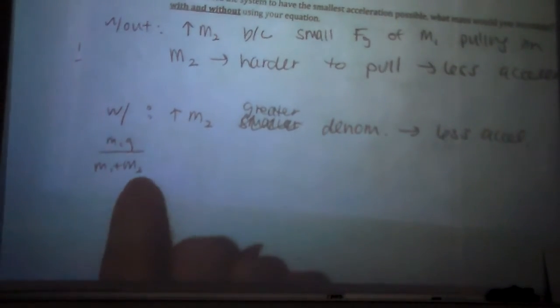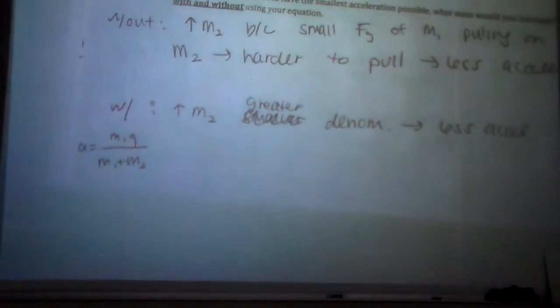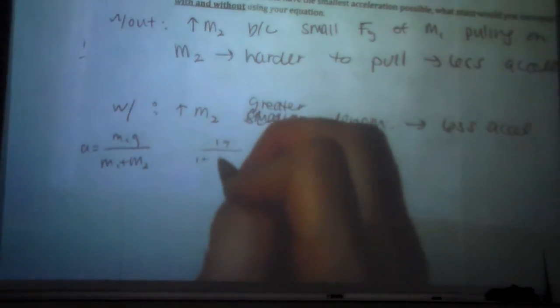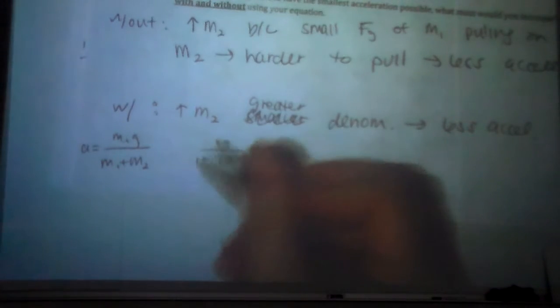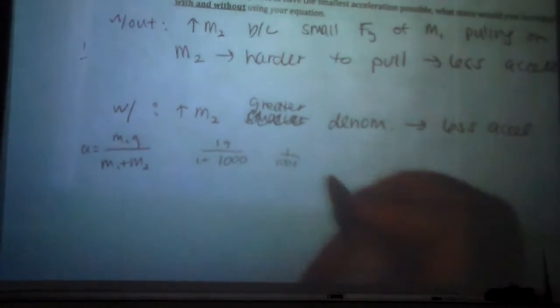So if you increase this, you're dividing by greater numbers, so that would make your acceleration smaller. Think about if this was like 1g over 1 plus 1,000. It's 1 over 1,001, which gets really, really small.